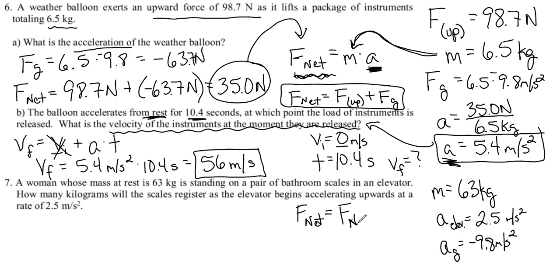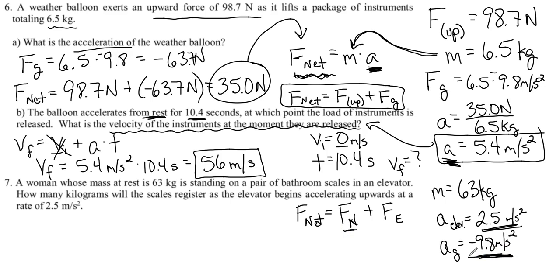Then we need to add that to the force of the elevator. The elevator is providing a force. We know that because it's accelerating. Gravity is accelerating us in the opposite direction. So in order to figure out the normal force, we have to figure out the force of gravity and take the opposite of that.